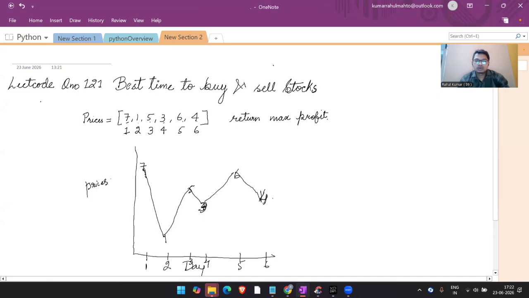So as you can see from the graph, it keeps fluctuating. The price of the stock keeps rising and falling.